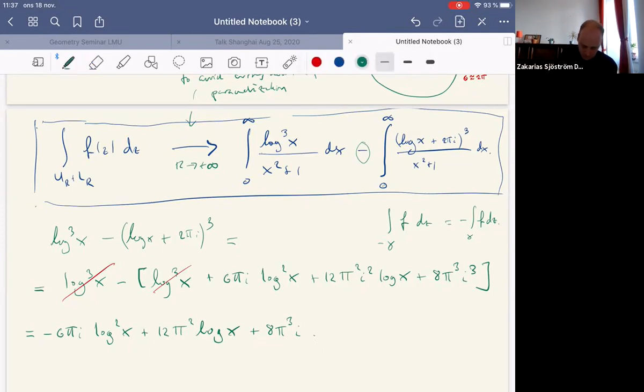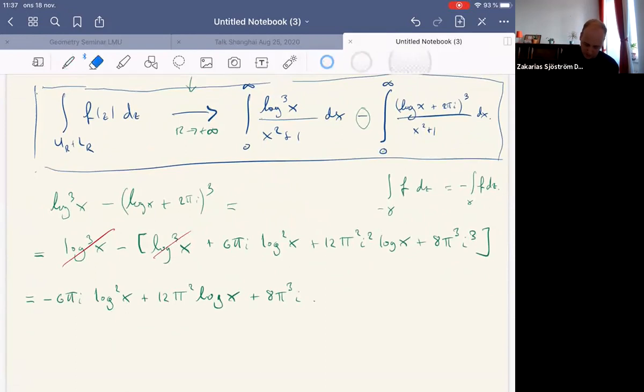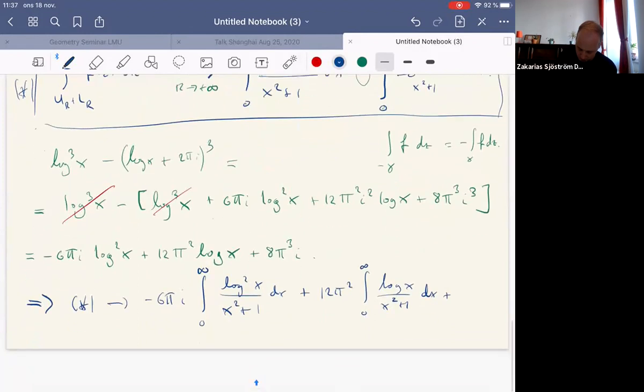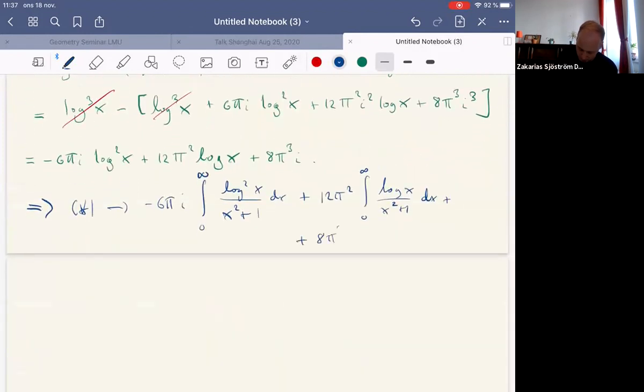And hence, as a consequence, if we manage to keep track of all of this business, this integral that we had up here, this star thing, tends to the following: minus 6 pi i times the integral of log squared x over x squared plus 1 dx, plus 12 pi squared times the integral of log x over x squared plus 1 dx, and then plus 8 pi cubed i times the integral from 0 to infinity of dx over x squared plus 1.